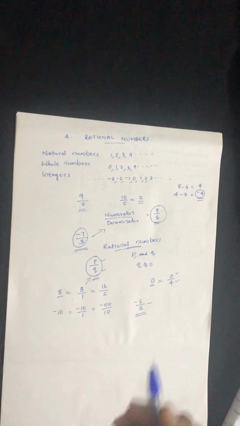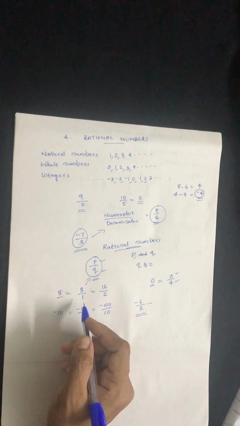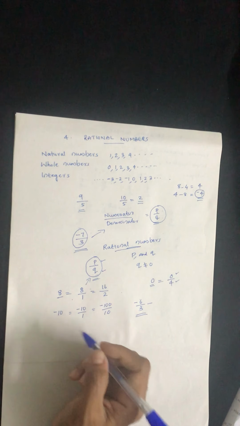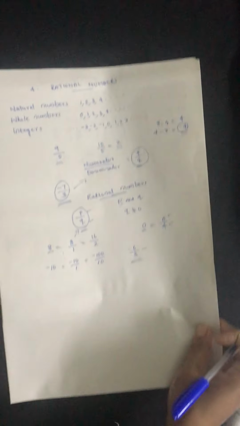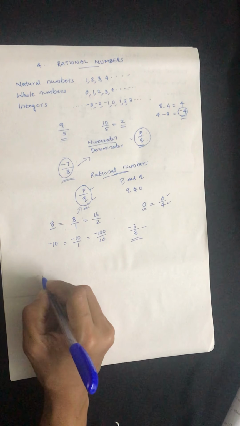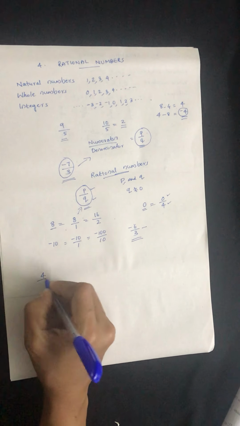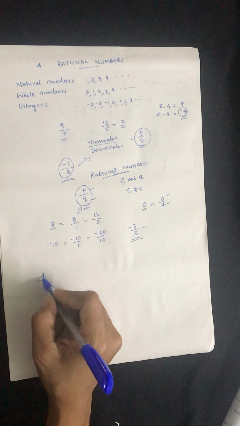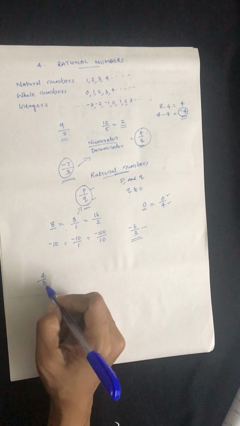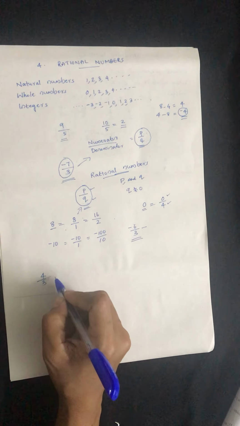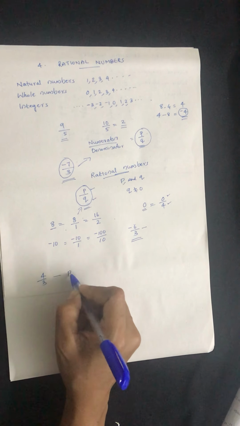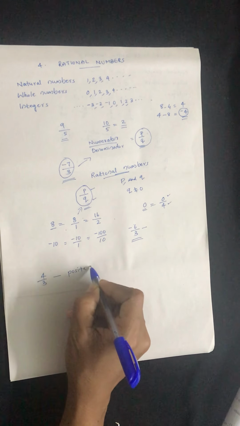Now there will be positive rational and negative rational. Suppose we take one example, 4 by 3. Here both numerator and denominator are positive, so it will be a positive rational.